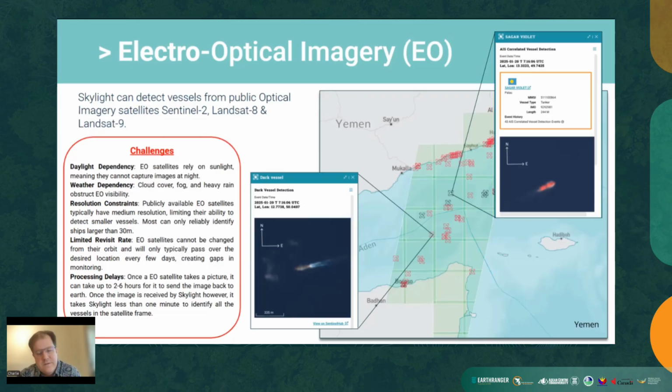I live in Singapore, for example, and if a satellite passes over Singapore at roughly noon, 11:30 in the morning, I have access to the image in Skylight and the data around 4 p.m. So same day, and that helps with knowing the latency of the data.